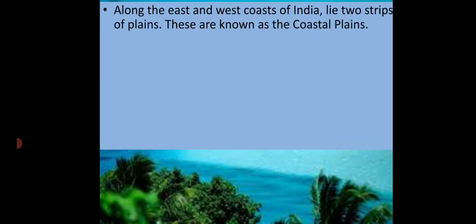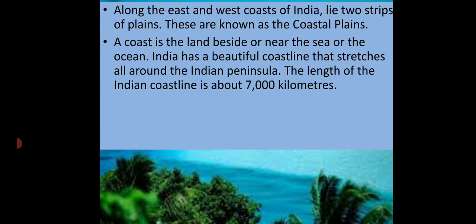Along the east and west coast of India lie two strips of plains. These are known as the coastal plains. A coast is the land beside or near the sea or the ocean. India has a beautiful coastline that stretches all around the Indian peninsula.